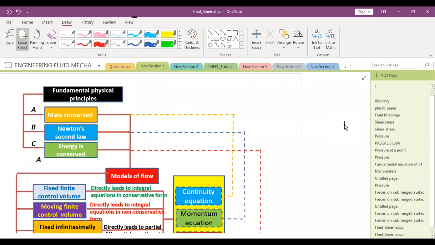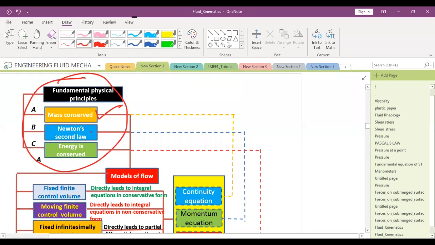That is, we have certain fundamental laws, and most of the times it is either conservation of mass, conservation of momentum, or conservation of energy. So these are the laws, and you want that these laws are conserved.